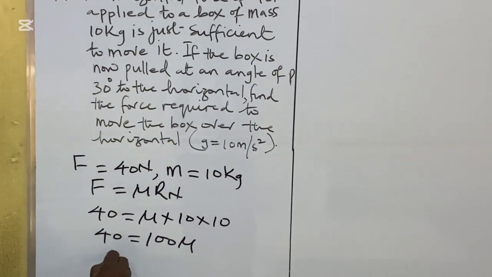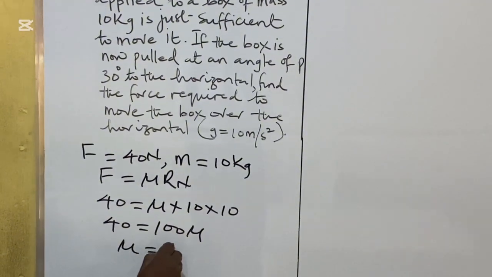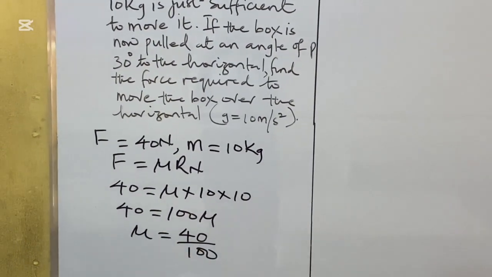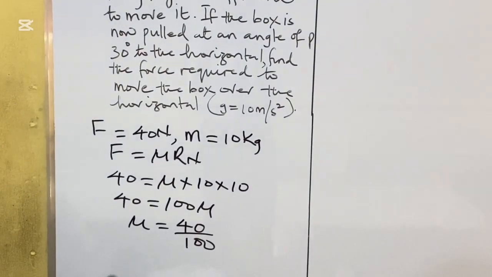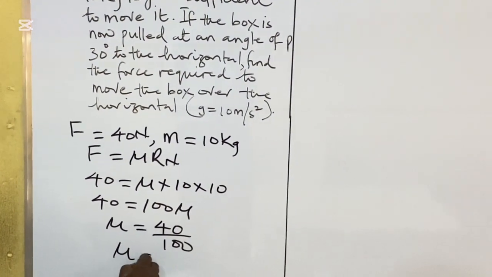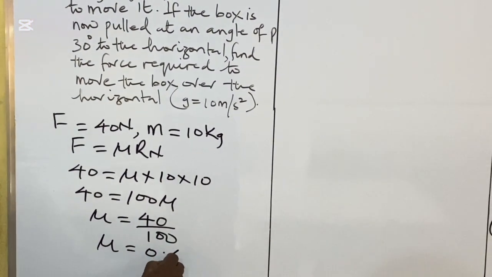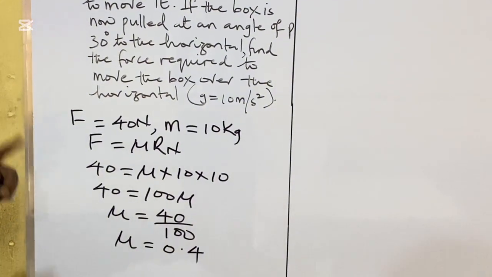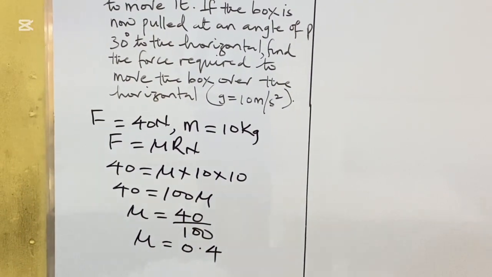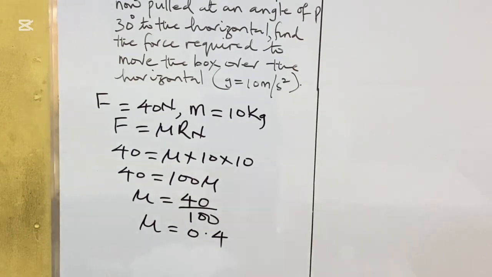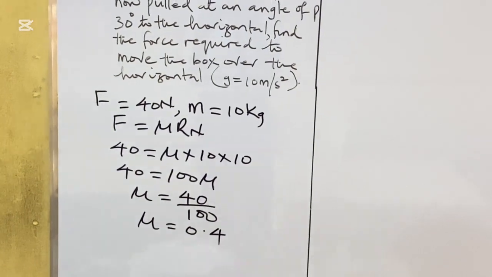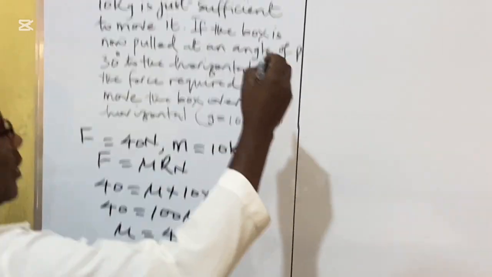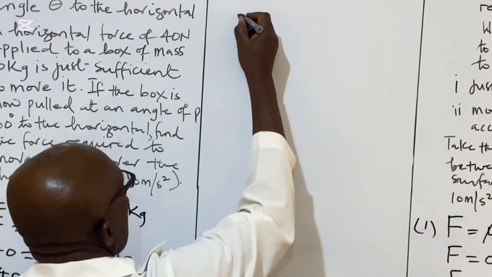Our mu, therefore, equals to 40 divided by 100. Mu is equals to 0.4. Now, they said the box is now pulled at an angle of 30 degrees to the horizontal. Now, let me sketch the force diagram here.